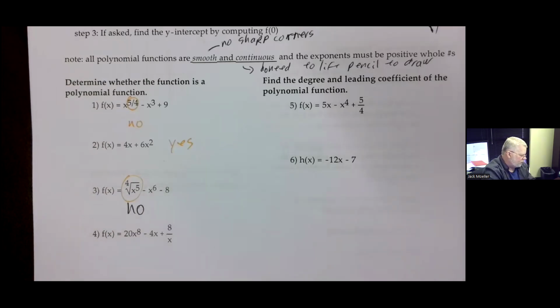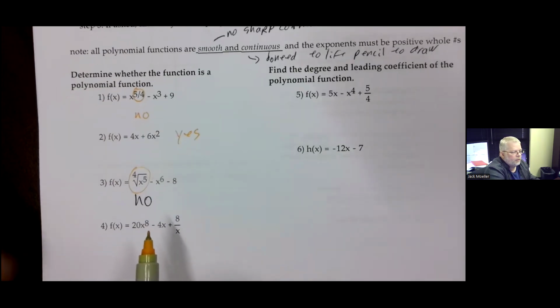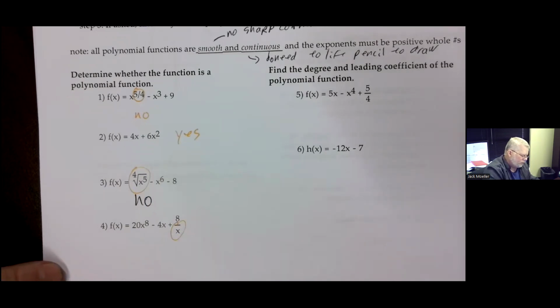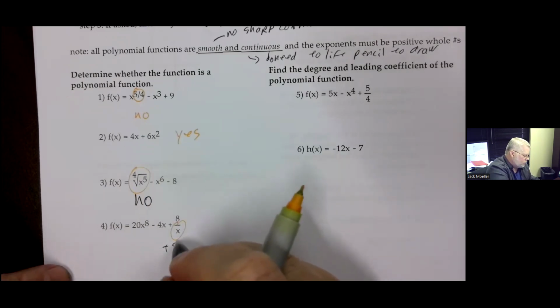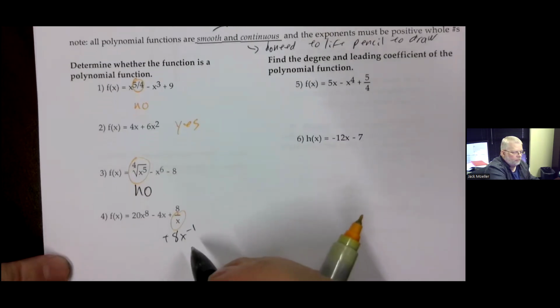And then if you look at number 4, is that a rational function? Well, there are no fractional exponents, there are no radicals. However, we do have a divide by x. That's equivalent to x to the -1. You remember, flipping our variables.